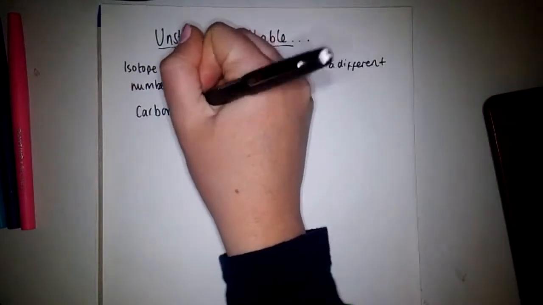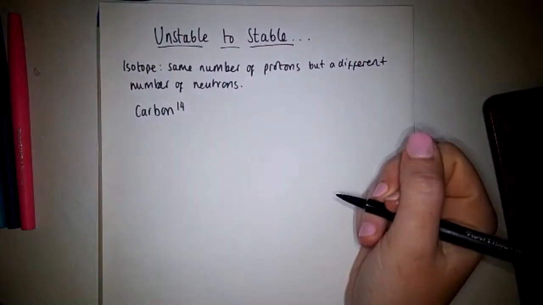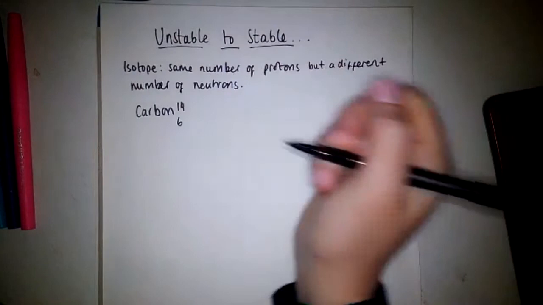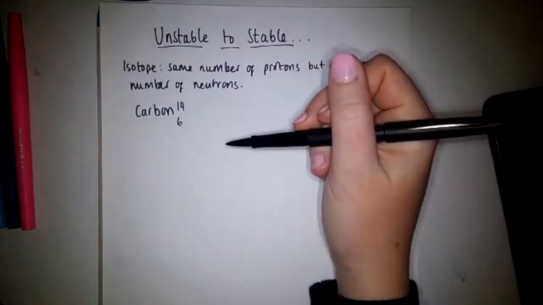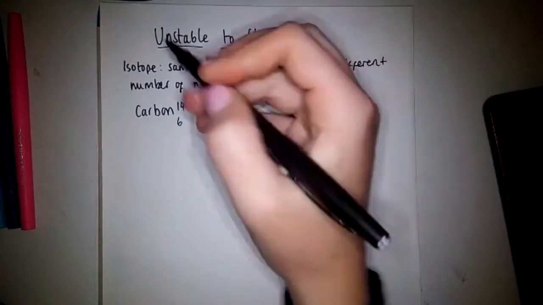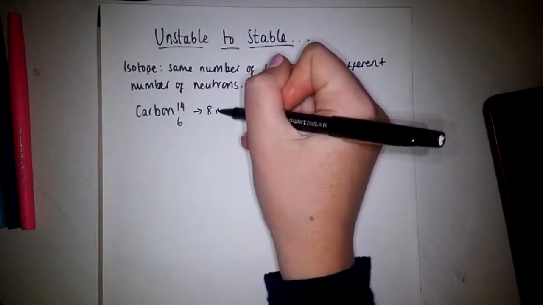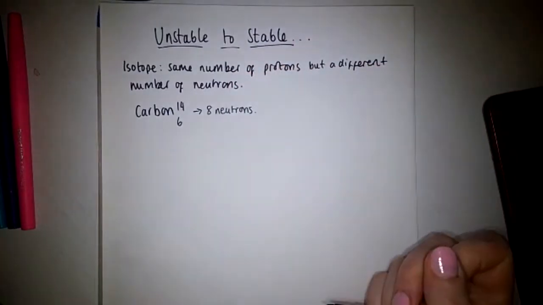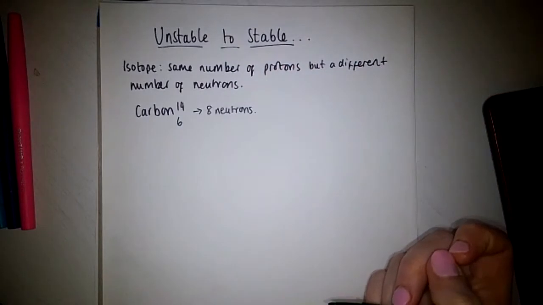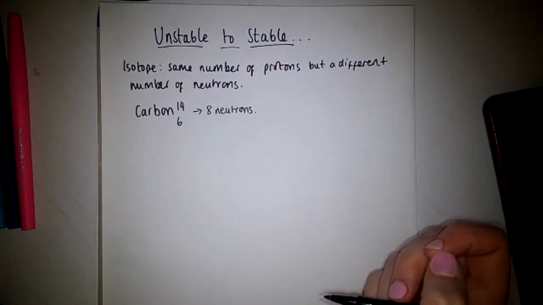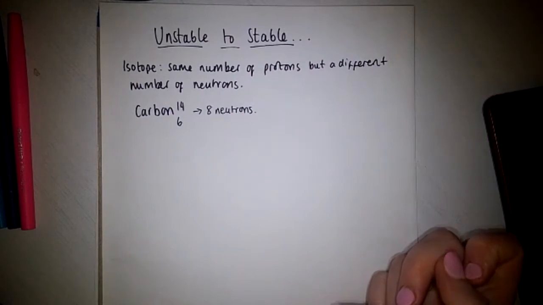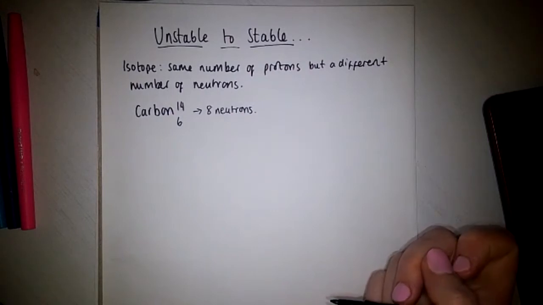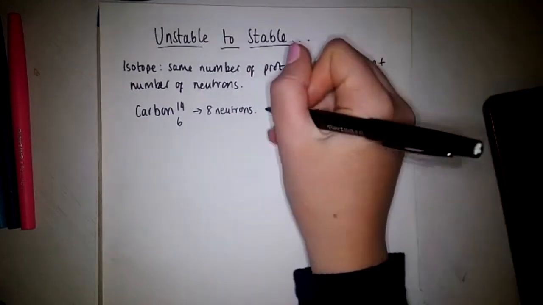Carbon 14 still has 6 protons, so hopefully you can do the maths relatively quickly and work out that this has 8 neutrons. That just happens to be particularly unstable. In the world of carbon, that is very unstable, and that will decay.